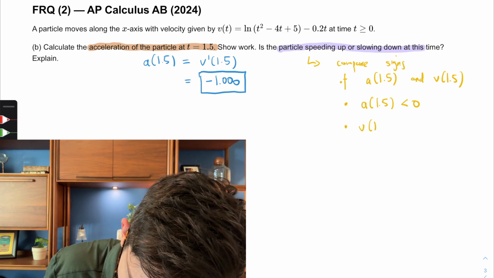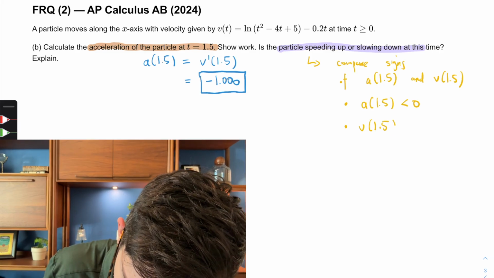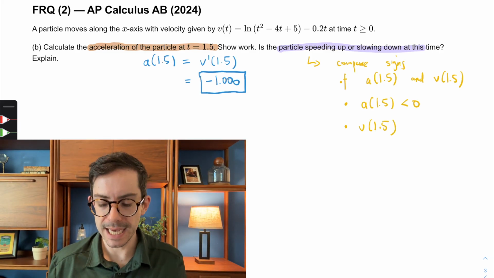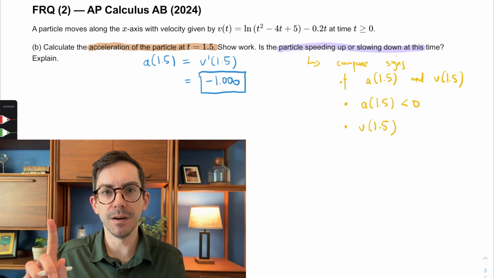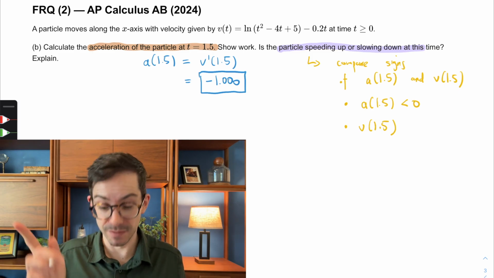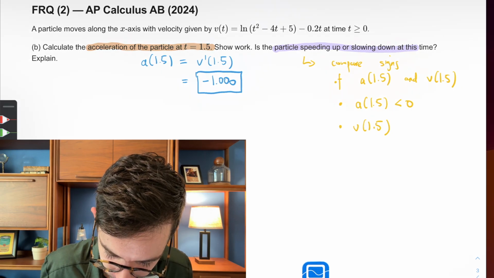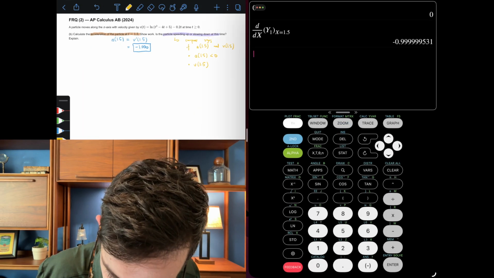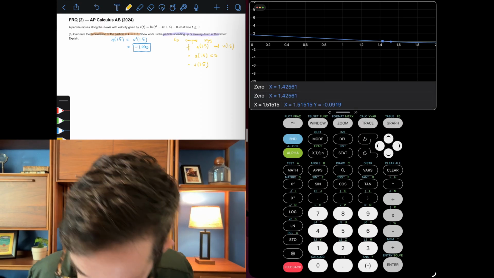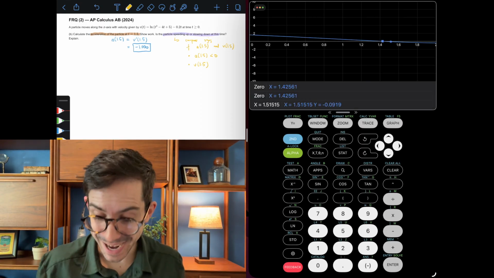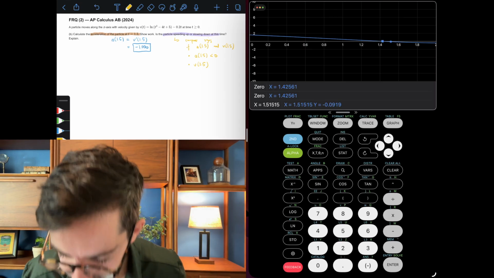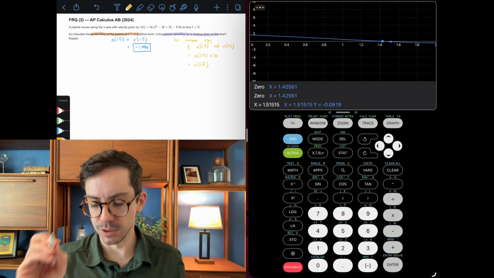V of 1.5, well, I don't know what that is, but you might remember we already graphed the velocity function, so let's pull that back up. When I look at my graph, 1.5 is to the right of that x-intercept.